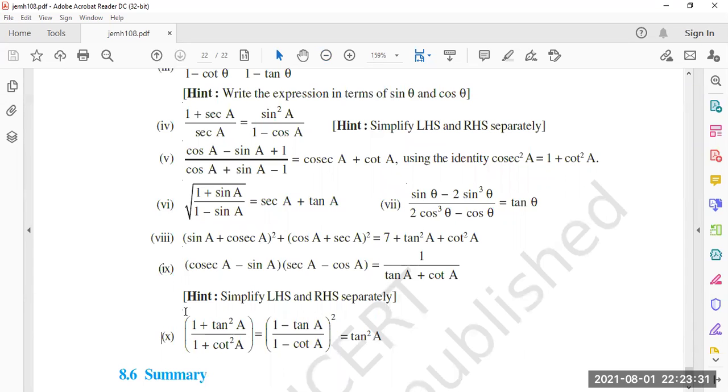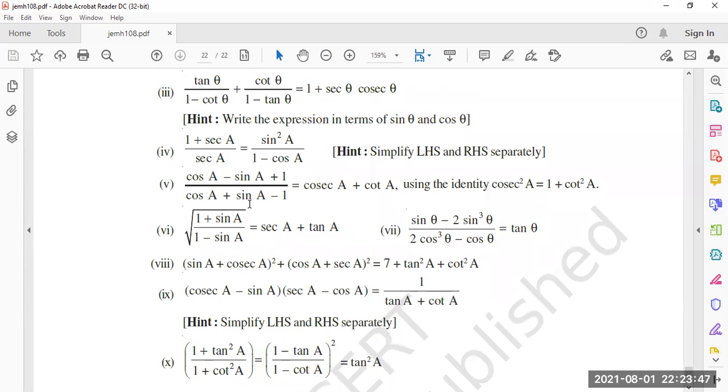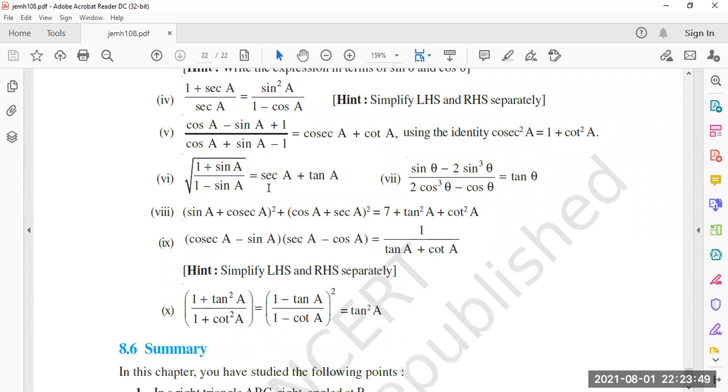Even in final exams, definitely you would have one of these questions. If your final exam is of descriptive type, definitely you would get one out of these 10 questions. But to understand and solve all these questions, understanding of those identities and interchanging of the ratios is very, very important.